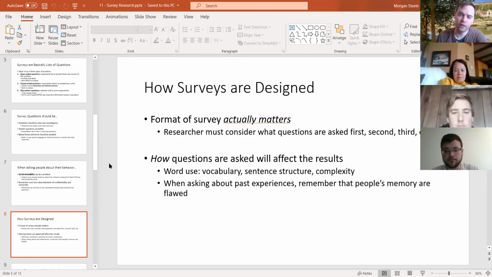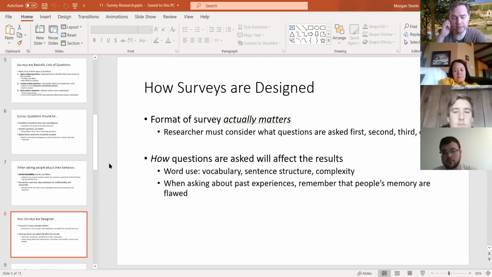So when researchers are designing their survey, they may do things like have multiple survey formats. So they'll vary when things are asked in the survey to see if this was an actual issue.